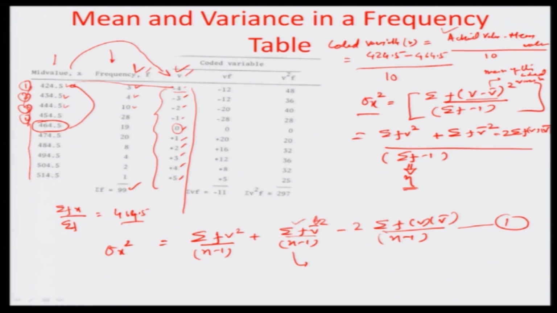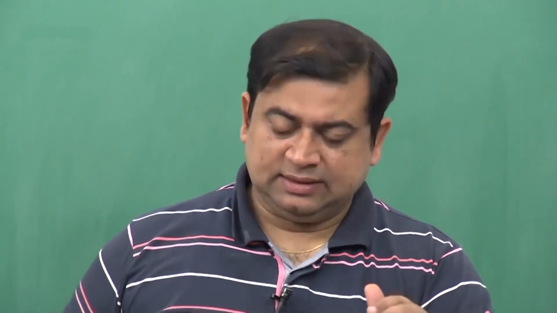So, I can just simply write that you are merely repeating this n times, right. So, sigma f v dash square is basically meaning the v dash square times of 99, which is the sigma f value, v dash being uniquely common in the particular distribution that we are considering.